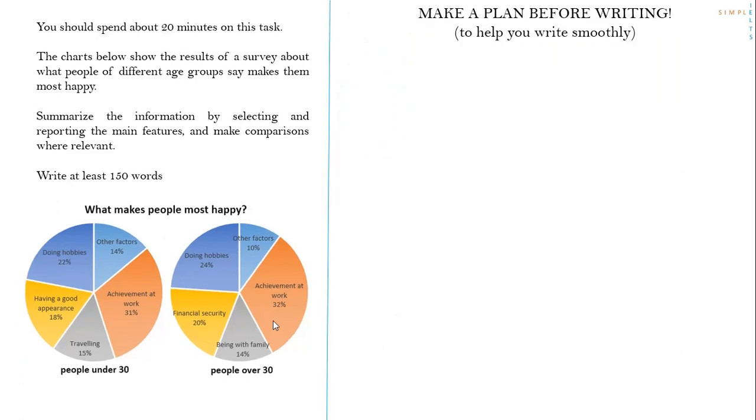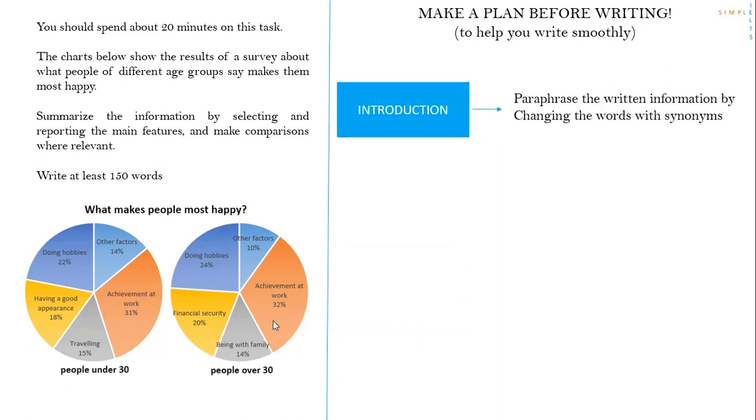Also, next is that before you start to write, you have to make a plan about it to help you write smoothly. First, the introduction is where you have to paraphrase the written information by changing the words with synonyms. By synonyms, they are words that have the same meaning, but they are written in different form.